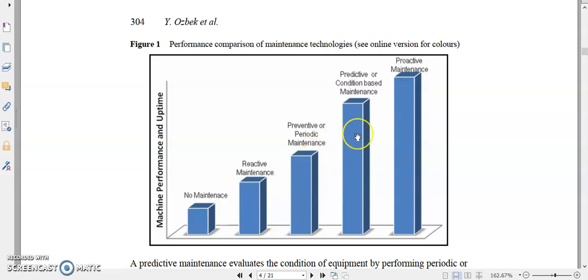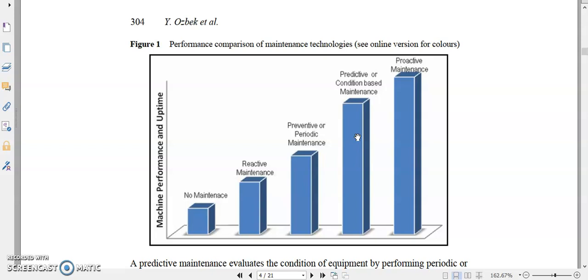The fourth one is predictive or condition-based maintenance. When we have predictive and condition-based maintenance, we start to use sensors in order to measure or identify the conditions of the machines.